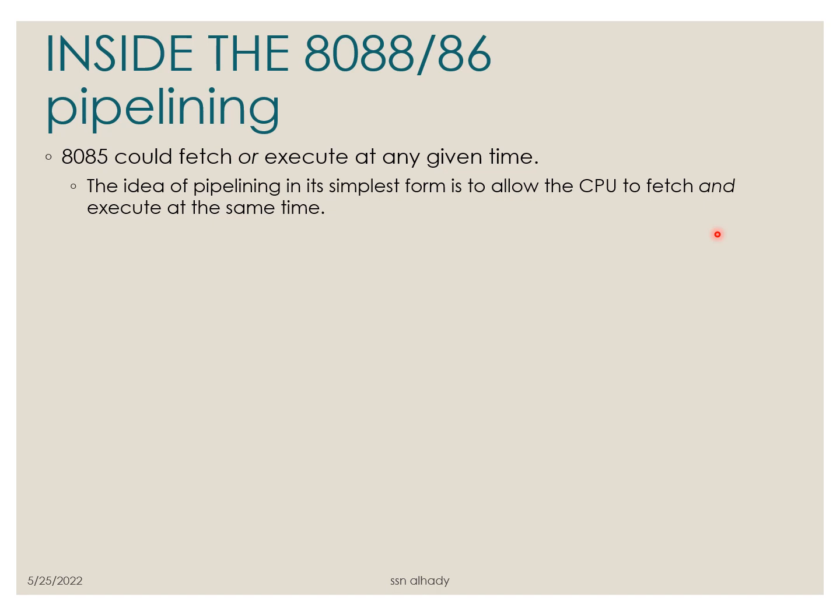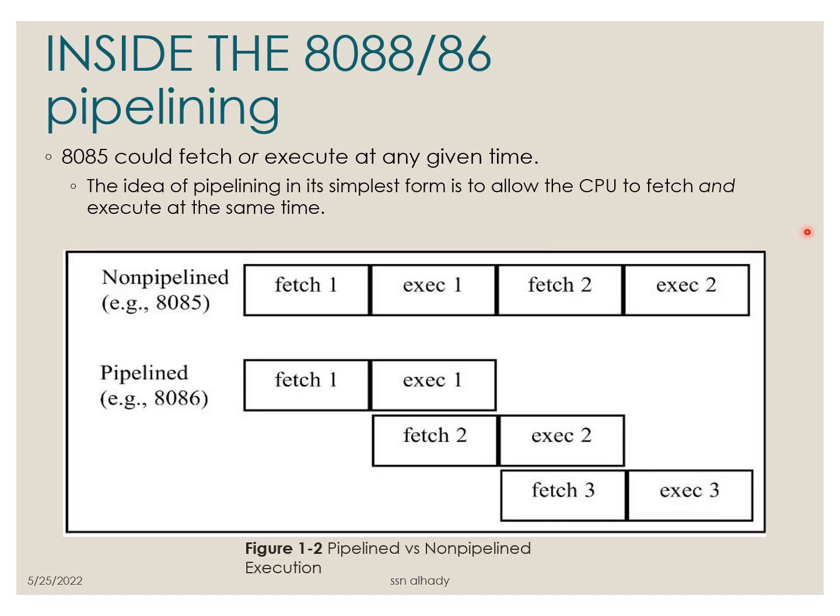Okay, the pipeline is the improvement made from the 8085, making the information being processed much faster. If you look, there are two architectures in the figure. The one without the pipeline, and the other one with the pipeline.